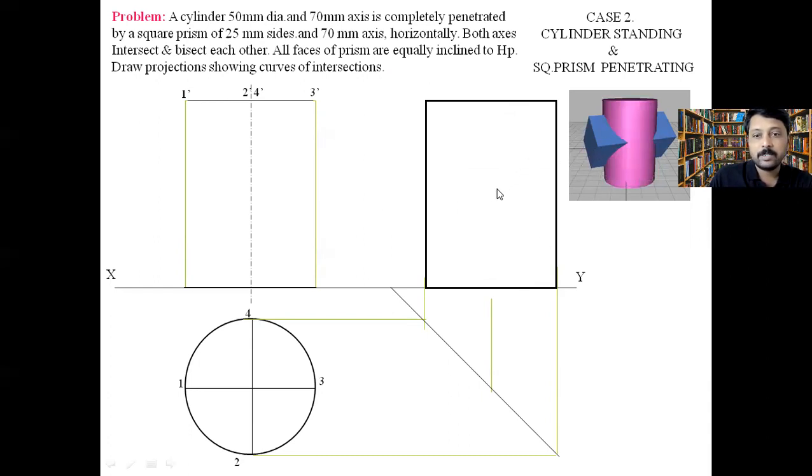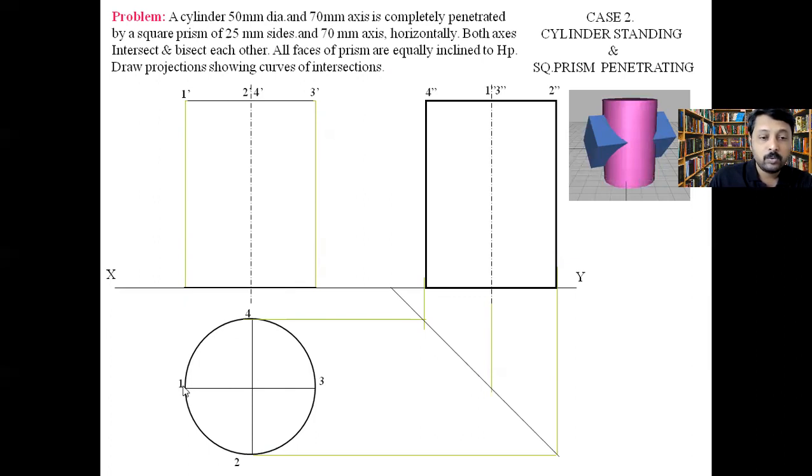So what is the condition? The condition is that we are going to have bisection at the point of intersection. So we need to draw the axis, and we can give the names. 4 comes here, 4 dash. So this is very important.